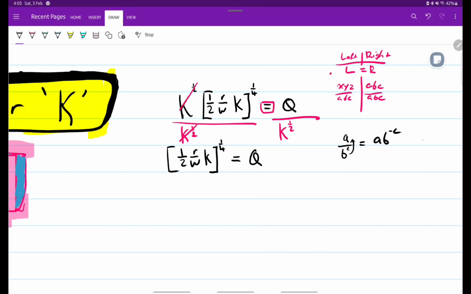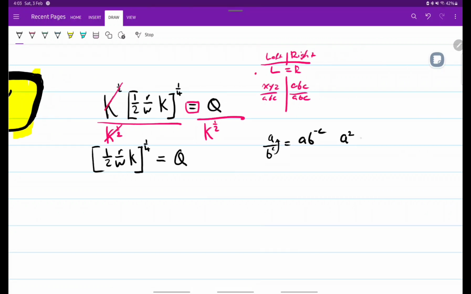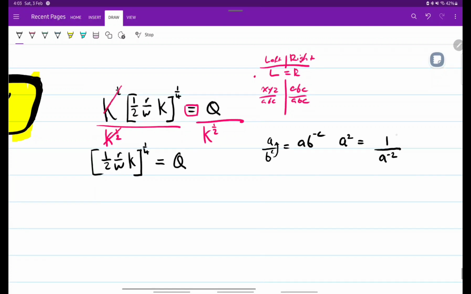I should mention a 1 is replaced. So if you have a squared, and you want to move it down to the bottom, and you just have a squared by itself, you will end up with 1 over a to the negative 2. But because we have a variable on the top, 1 times anything is just itself.